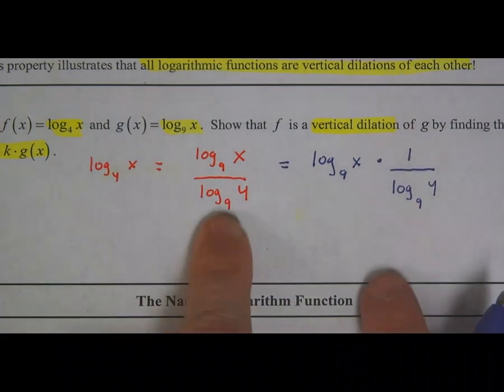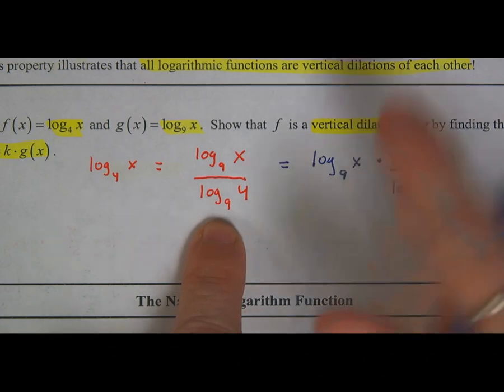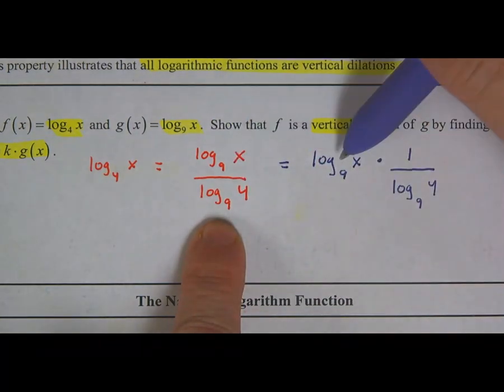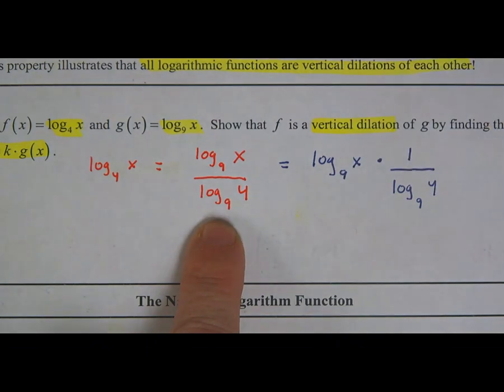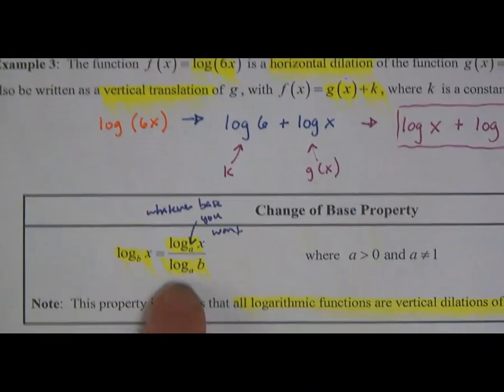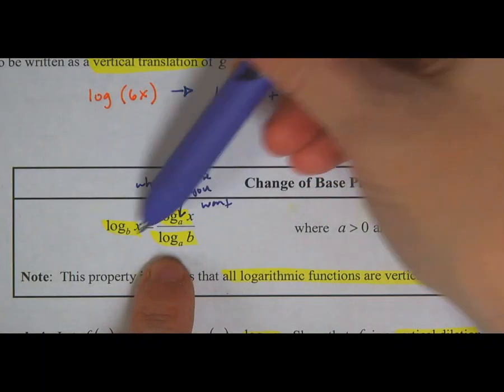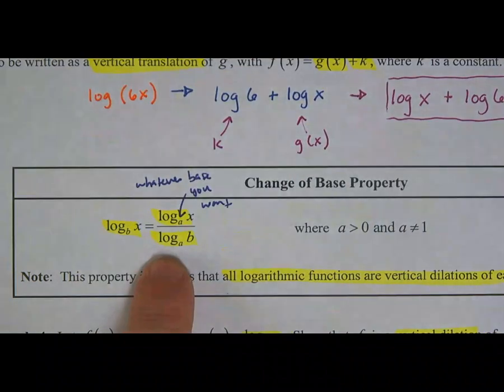The red fraction and the purple product are the same thing, because if I put those together, I just have log base 9 of x over log base 9 of 4. Yes? Just because this says when you change your base, the original argument goes on top and the original log base goes on the bottom.